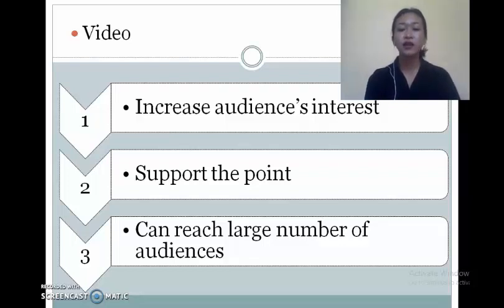But in using video, make sure that you use an appropriate video that exactly support your point. So the selection of the video to use as visual aids in presentation is really important in order to support and emphasize your point.